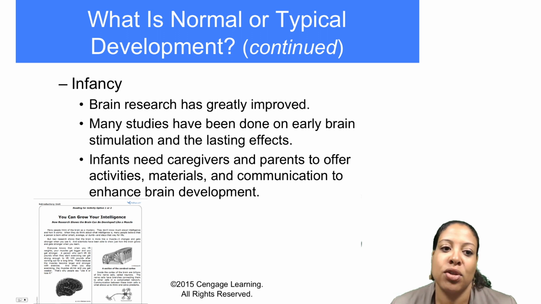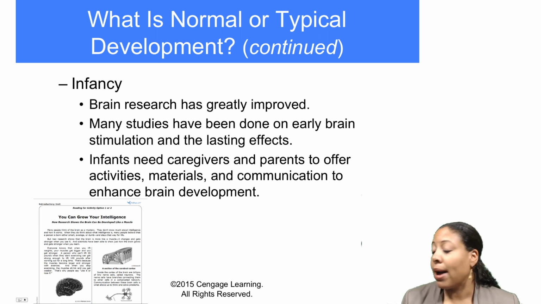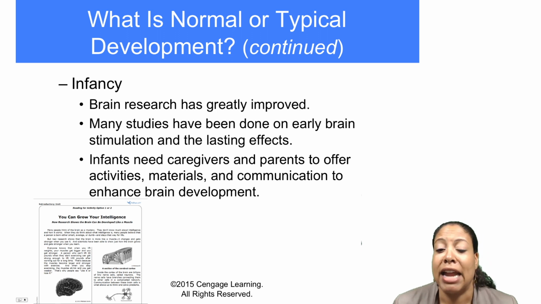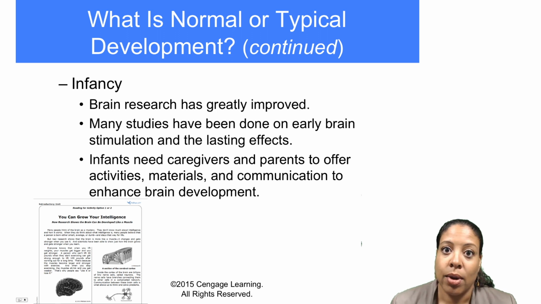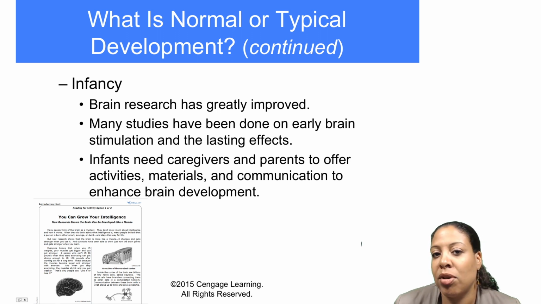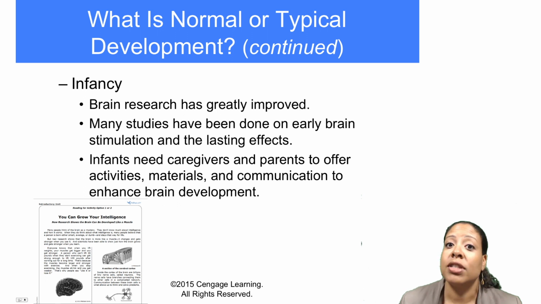The last bullet here talks about how infants need caregivers and parents to give them stimulation to enhance brain development. So this article talks about a study that was done with animals in cages. I know, science for you. But in this particular experiment, there were animals, and it doesn't specify what type of animal, and the control group had no stimulation, so they were in completely empty cages.